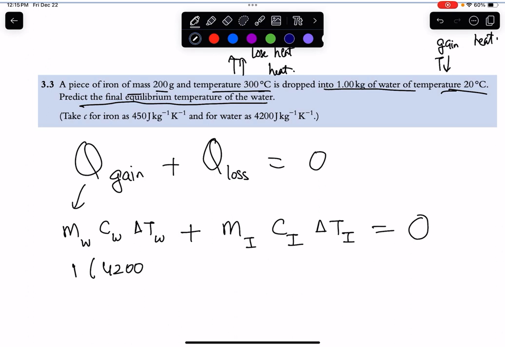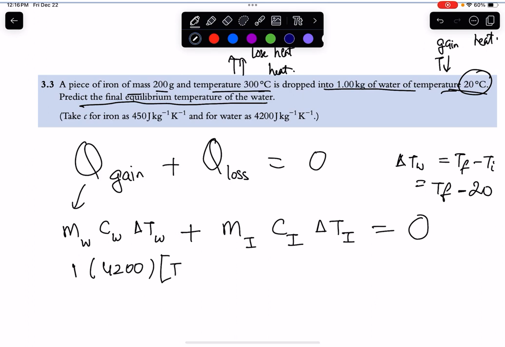And we don't know the change in temperature of the water. But the change in temperature of water, delta TW, is the final temperature of water minus the initial temperature. We don't know the final temperature of water, but we do know that the initial temperature was 20. So this would be TF minus 20.